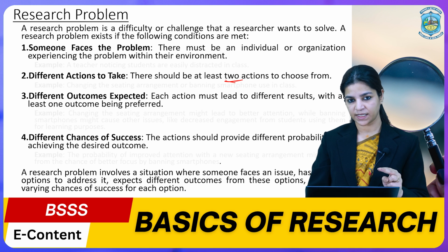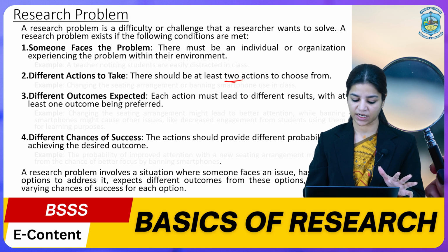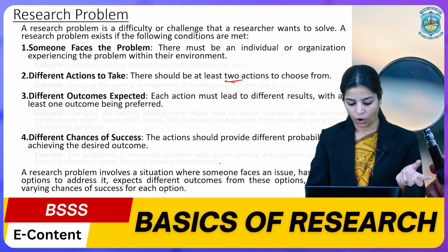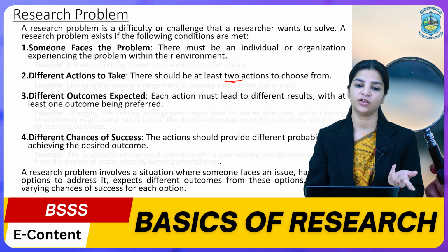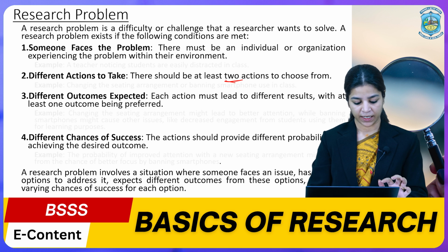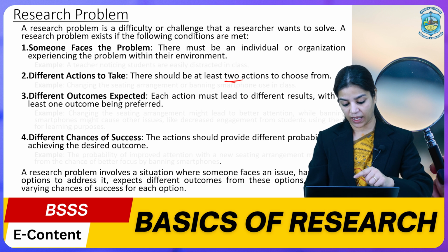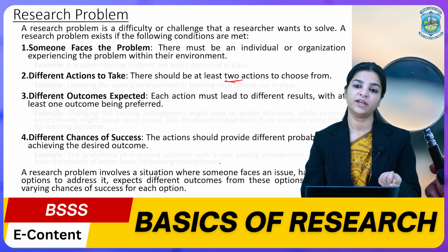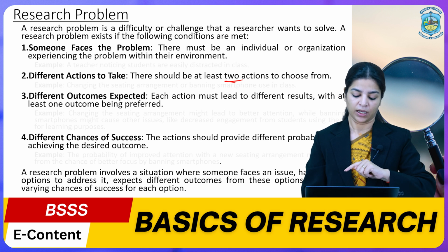For instance, in this example where students are easily distracted in class, the teacher might want to change the sitting arrangement, or maybe simply ban the use of smartphones in the class. Next, if any one of these options is chosen by the researcher, different outcomes must be there.